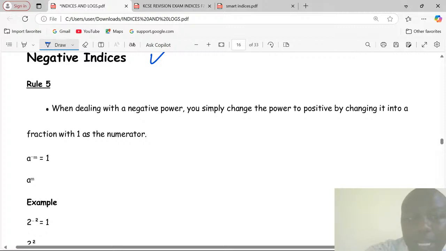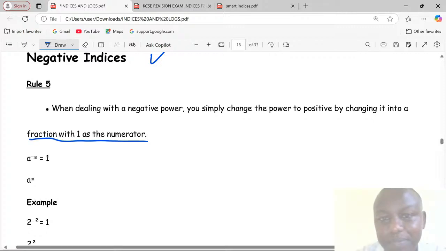Okay, I will not buy this idea because not all the times that the number will be an integer. Some other times we'll be applying such laws on fractions.